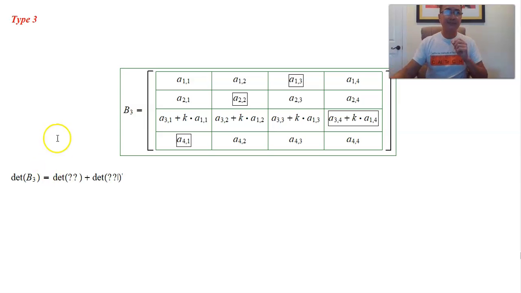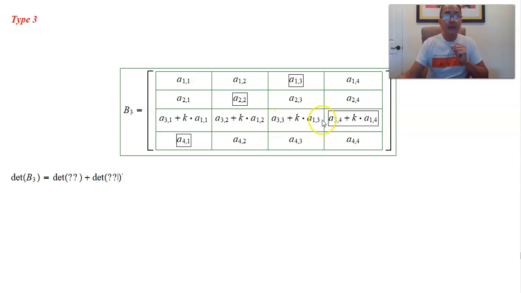Okay, so what did the lemma say? If I can break down this matrix into two matrices so that everything is the same except for row 3, then I can apply that formula. It will just be the sum of the determinants of those two matrices. Okay, so what would be the logical way to split up this matrix in two in the format of that theorem?